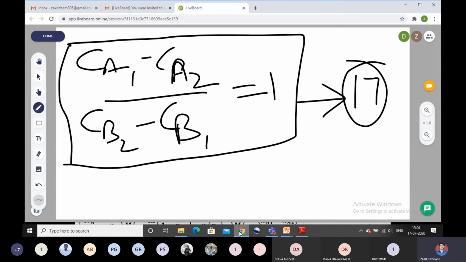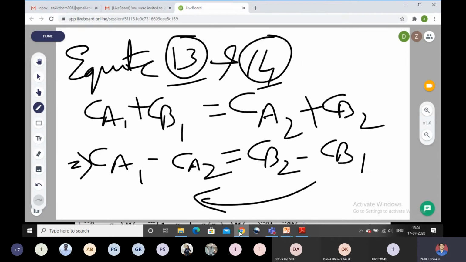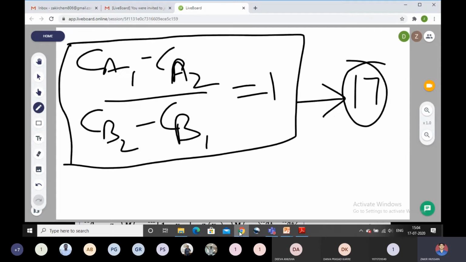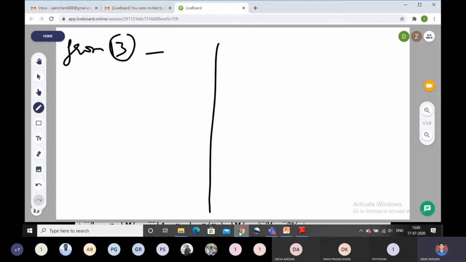So the next step is from equation 13, divide with capital C, which is the total concentration, on both sides.